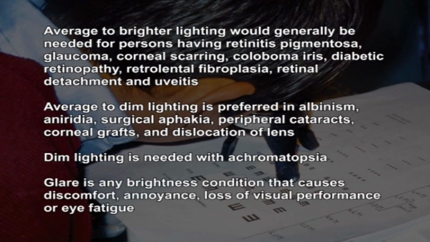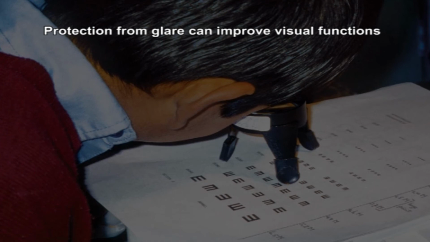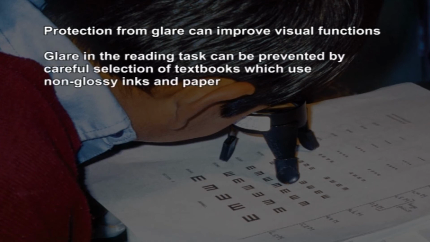Glare is any brightness condition that causes discomfort, annoyance, loss of visual performance or eye fatigue. Protection from glare can improve visual functions. Glare in the reading task can be prevented by careful selection of textbooks which use non-glossy inks and paper.